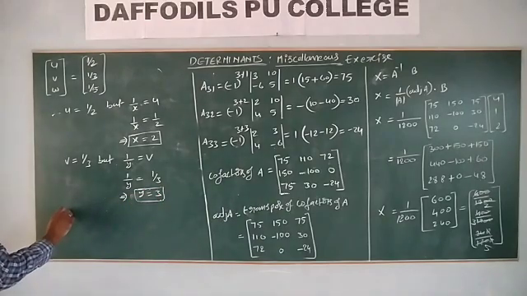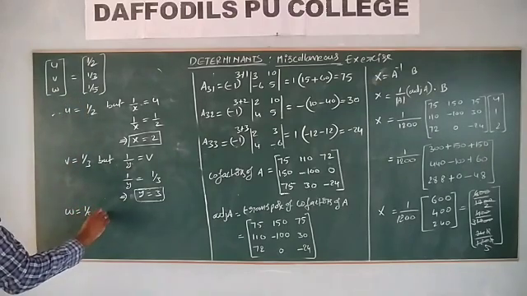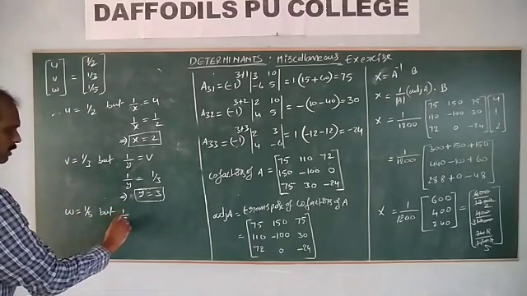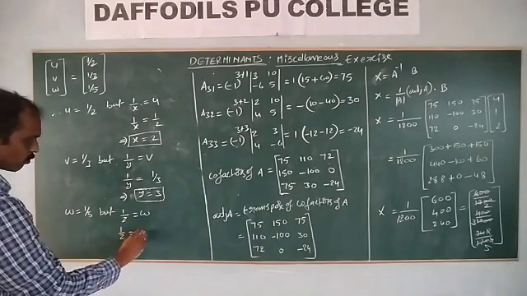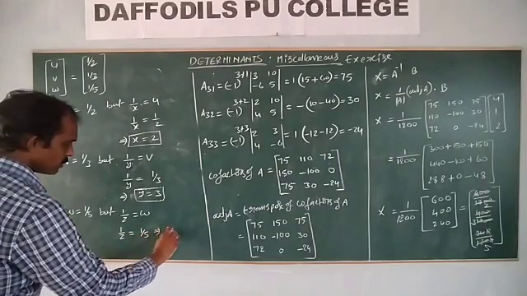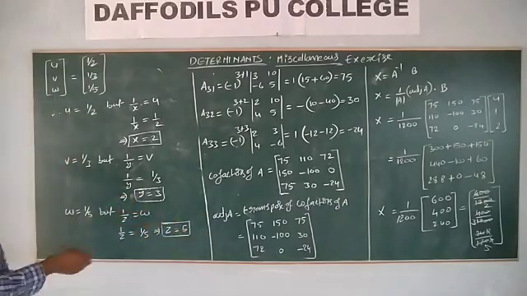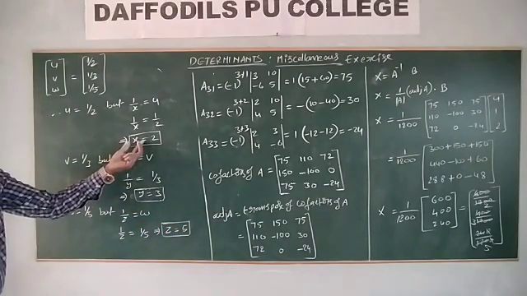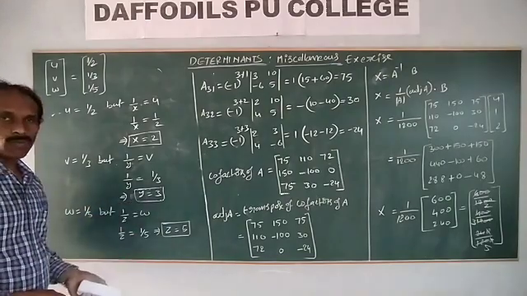Next, w is equal to 1 by 5, and 1 by z is equal to w, so z is equal to 5. Finally, x is equal to 2, y is equal to 3, z is equal to 5.